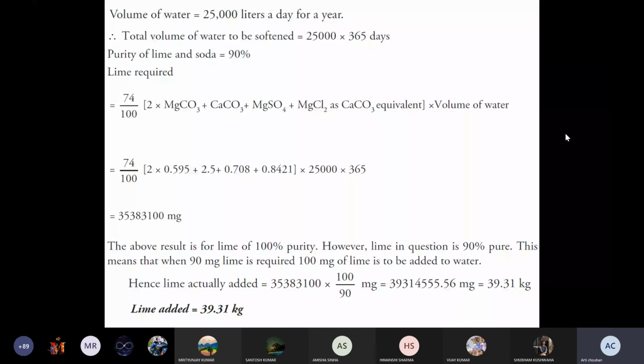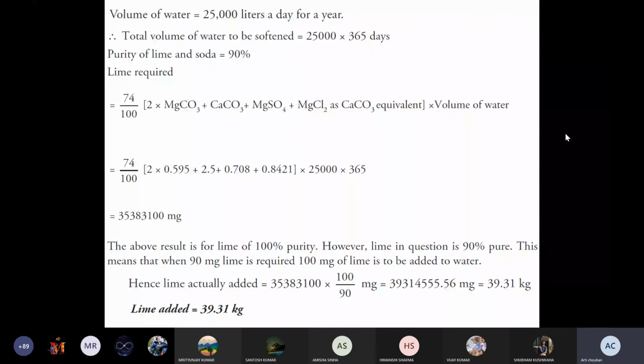So you have to consider that year, and for how many days do you have to calculate? 365 days, because a year has that many days. Then the purity of the lime is 90%, meaning the lime in this question is only 90% pure. So when 90 milligram of lime is required, 100 milligram of the lime is to be added to the water. So you have to keep that particular purity factor here.